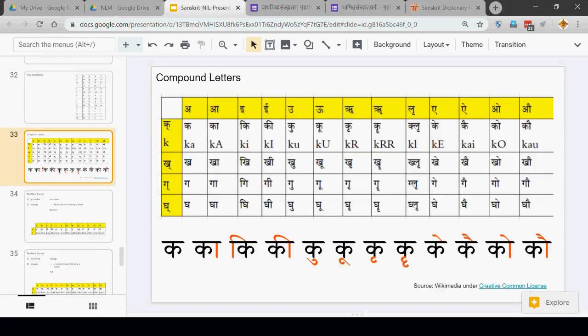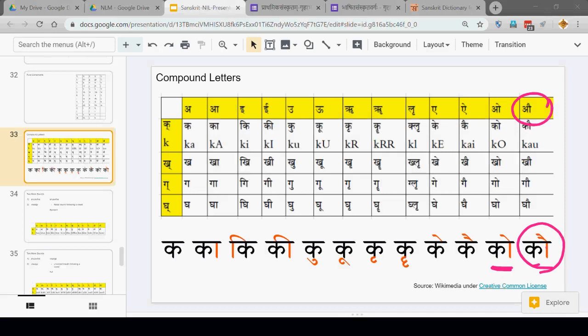And the last one here is cow. Right? So the last vowel is ow, and added to a consonant k, it sounds cow. And the symbol is similar to ko.